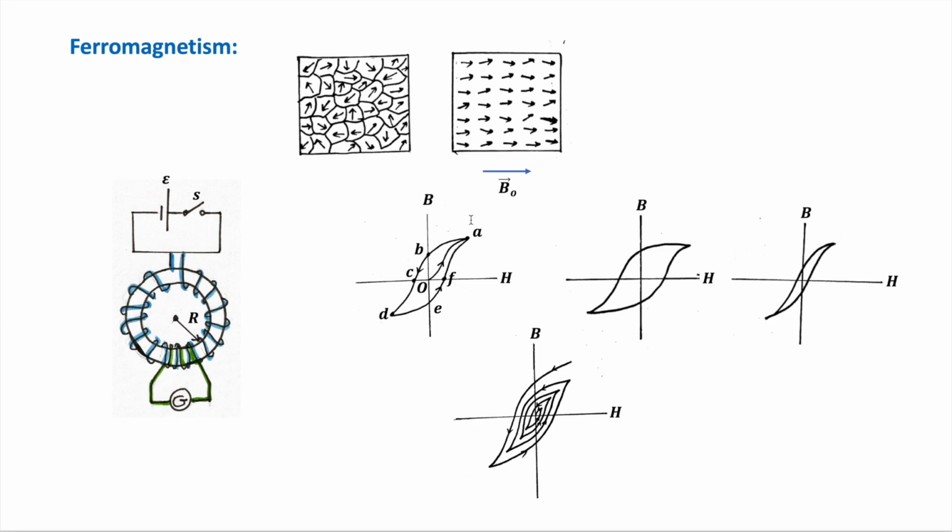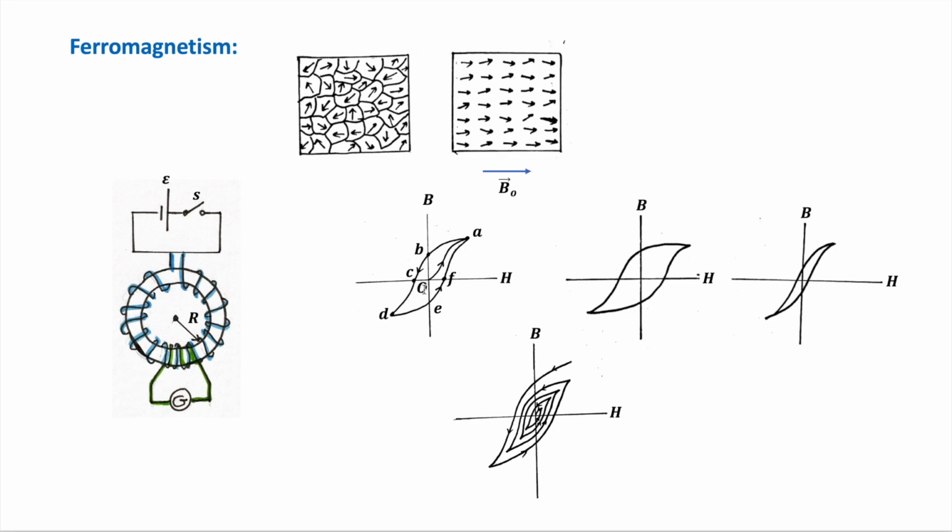This figure shows a plot of the total magnetic field B in this core versus H, which is the external magnetic field produced by the coil. And this is known as the magnetization curve.